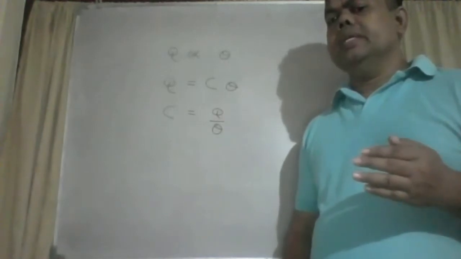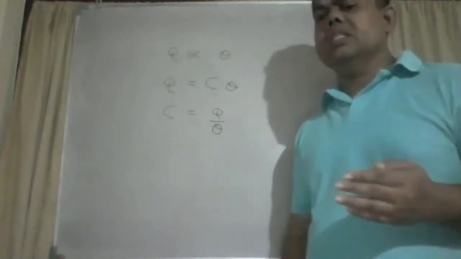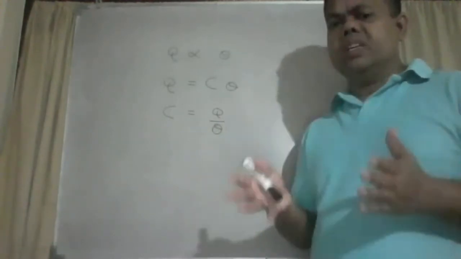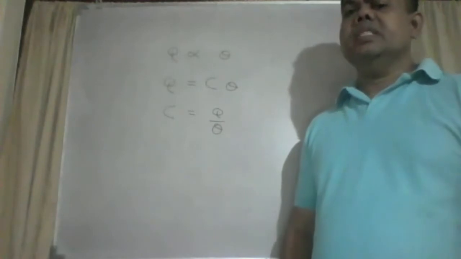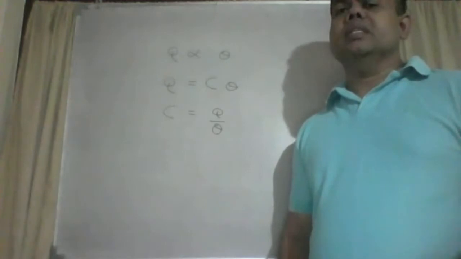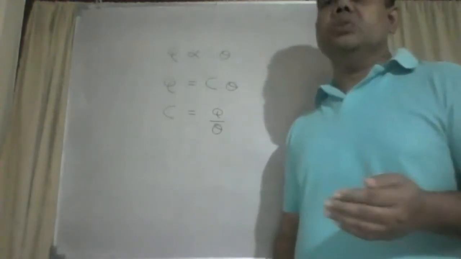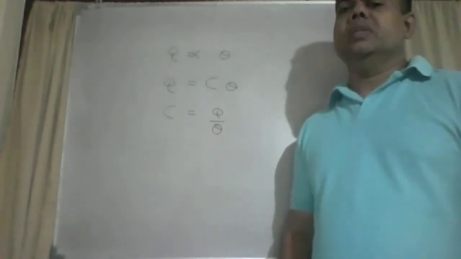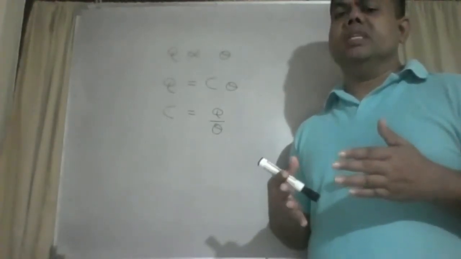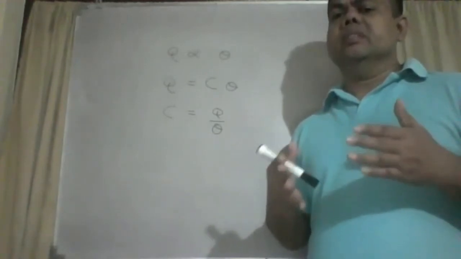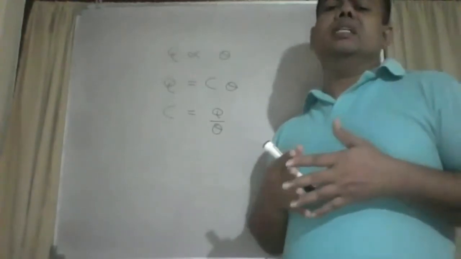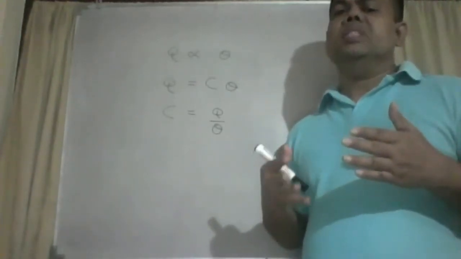If we go further into the heat capacity of an object or a given amount of substance, we can see that heat capacity is proportional to the mass of the material. Heat capacity of a single material is proportional to its mass.